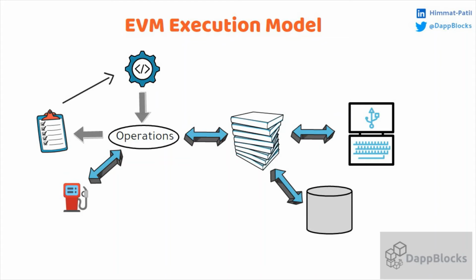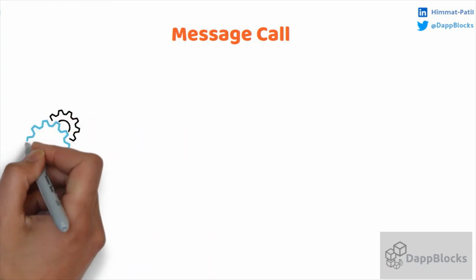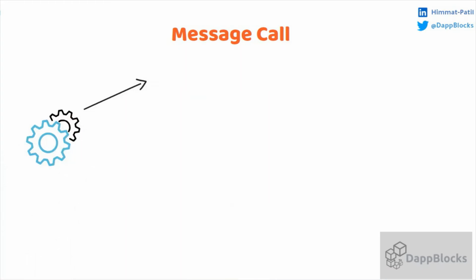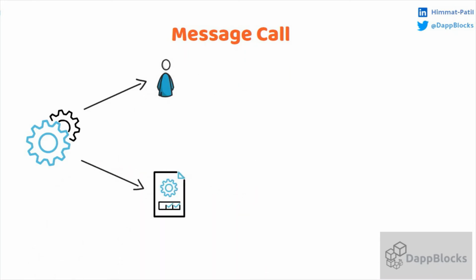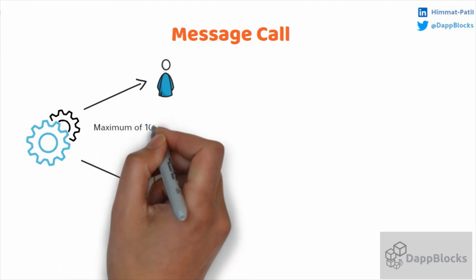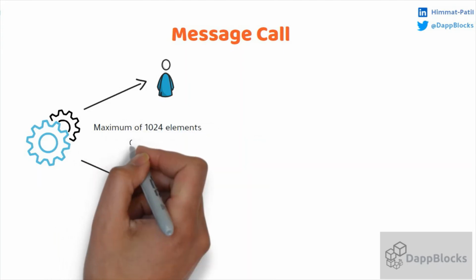Now let's understand what will happen when one smart contract account sends a message call or sends instructions to other account. Message call. EVM can send message call from contract account to other accounts. It can be either externally owned account or other contract account. Message call depth should be maximum of 1024 elements, which is same as stack memory.